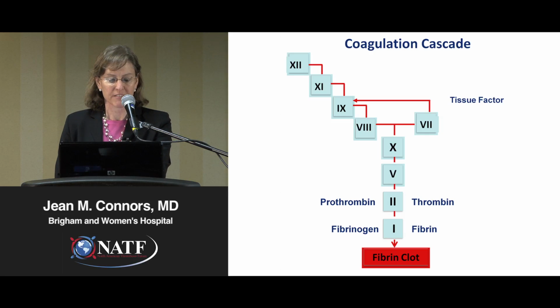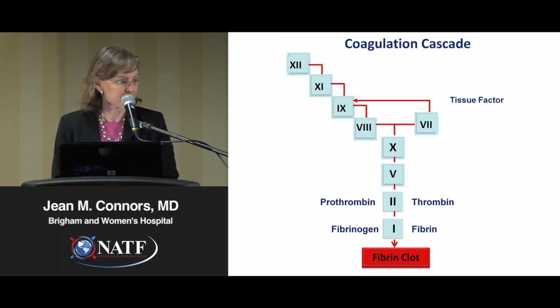Tissue factor will activate factor VII, and that will activate factor VIII. That then leads to factors X and V, activating factor II, which is also known as prothrombin. Prothrombin gets converted to thrombin by this X-V complex, and then thrombin cleaves fibrinogen to fibrin, which again makes that mesh network of protein strands that causes the fibrin clot.